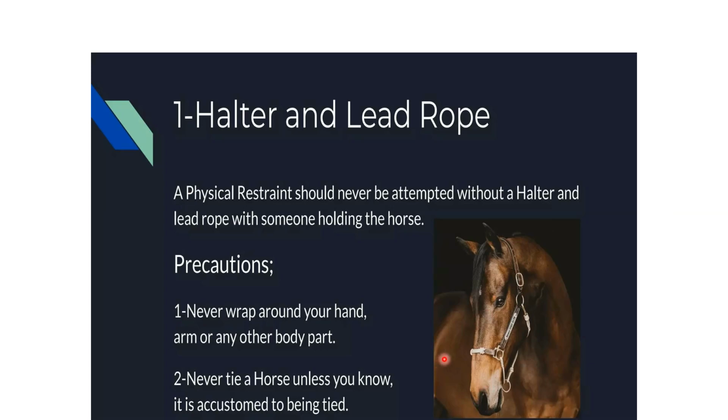Here the rope is passed on both sides of the mouth part, then tied on the back part. Never wrap it around your own hand or any other body part. Another thing is, never tie the horse unless you know it is accustomed to being tied.